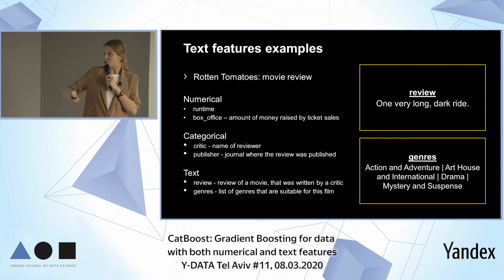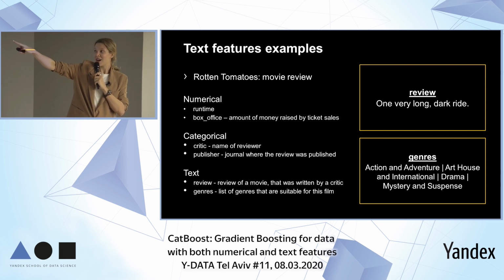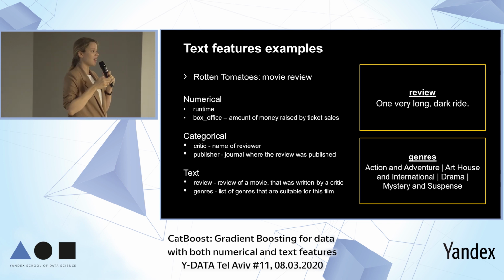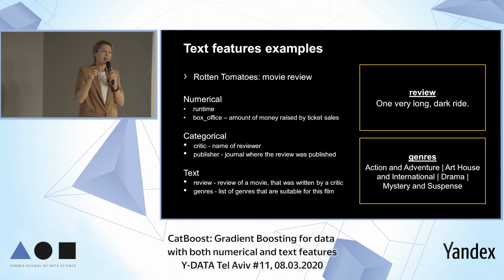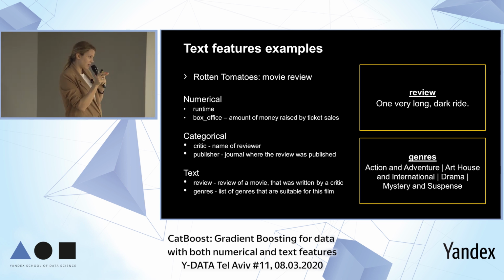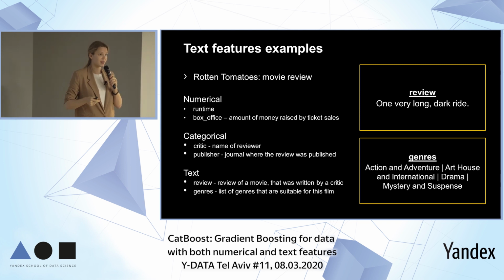There are numerical features, for example, how long is the film runtime, or how much money did it make. Then there are categorical features. For example, who is the critic who was writing the review, or where was the review published. And then there are text features. First, there is the text of the review, which is a text feature.